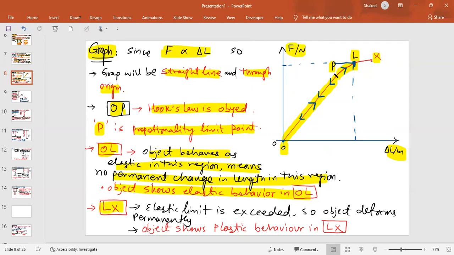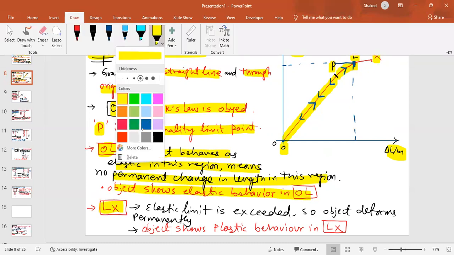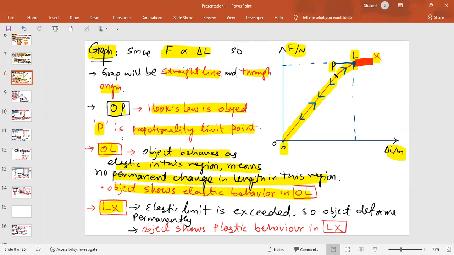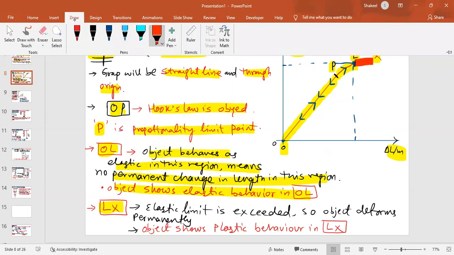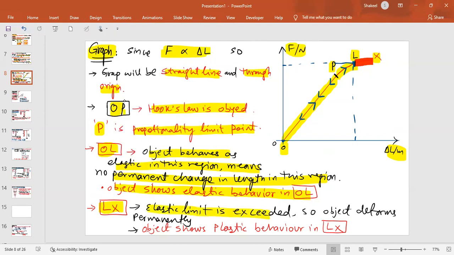Well, about LX, the last region, this actually shows the danger zone, and it means that in this region, the elastic limit is exceeded, so object deforms permanently and object shows plastic behavior. Plastic behavior means that now object is permanently deformed and it cannot get back to its original position.